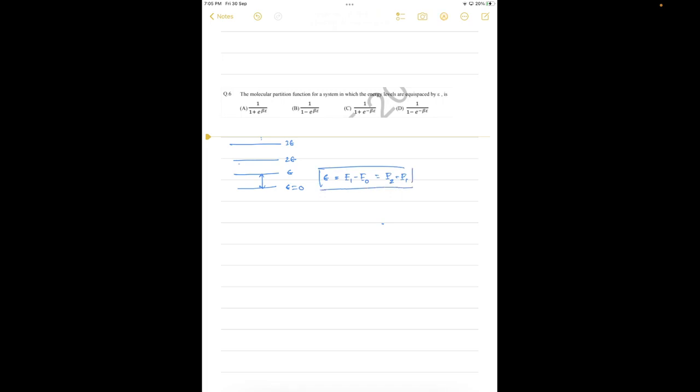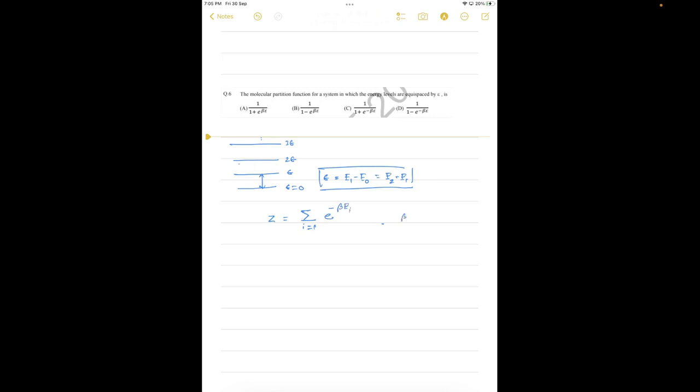The expression for the partition function is the sum over all possible energy states of exponential of minus beta times the energy. So the partition function is denoted by Z. Z equal to the sum over i, all possible energy states, of exponential minus beta E_i.